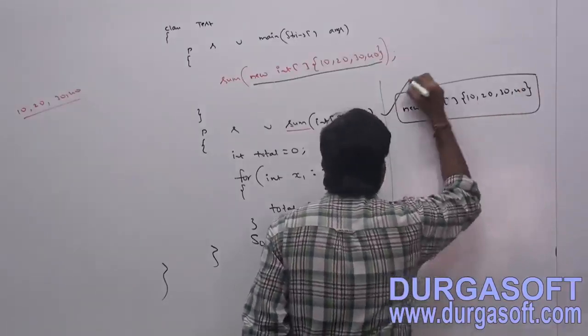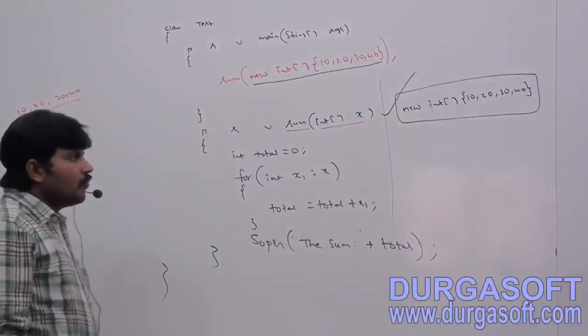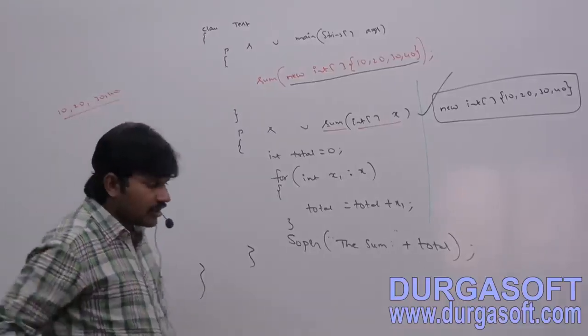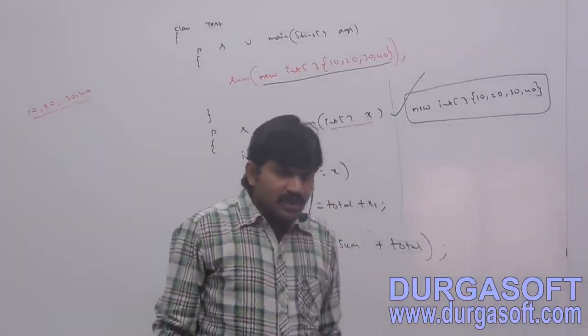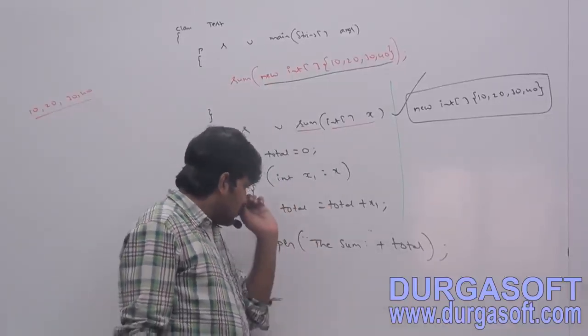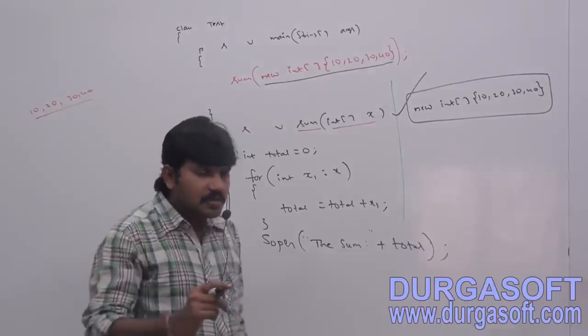Like this we can create an anonymous array. Are you able to understand? We can create an anonymous array as follows.